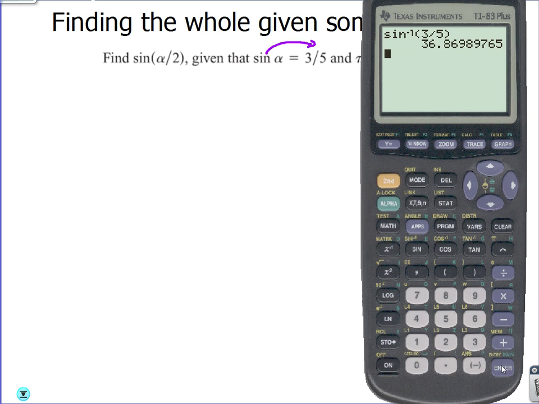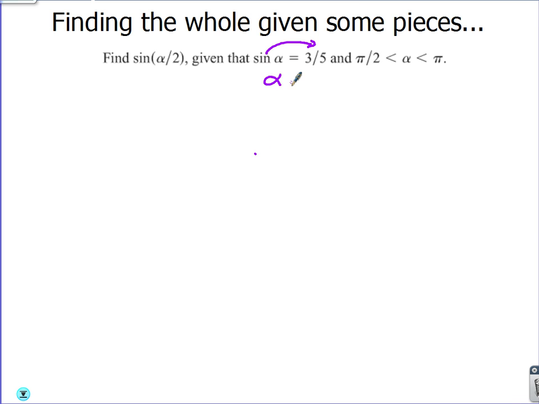Alpha is about 36.8 degrees. Well, actually, the reference angle for alpha is about 36.8 degrees, because notice what it says over here. Alpha is between pi over 2, 90 degrees, and 180 degrees. So alpha is actually in the second quadrant, and I shouldn't even put that 36.8 degrees there, because alpha is not that.